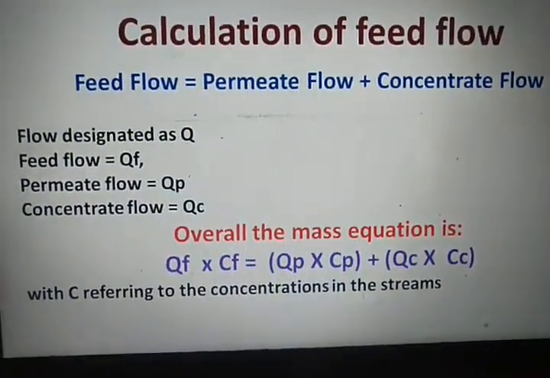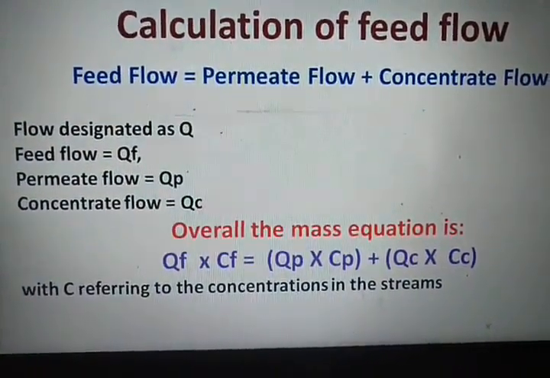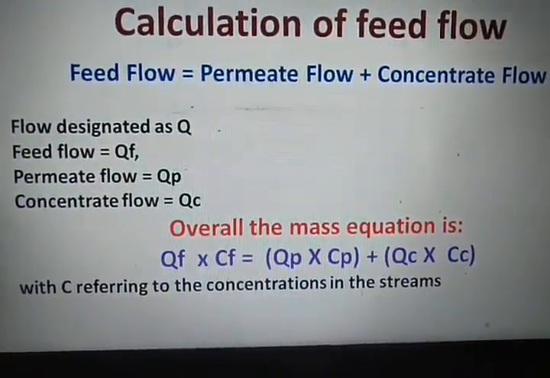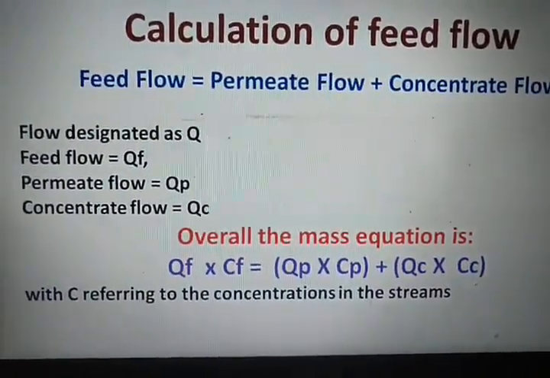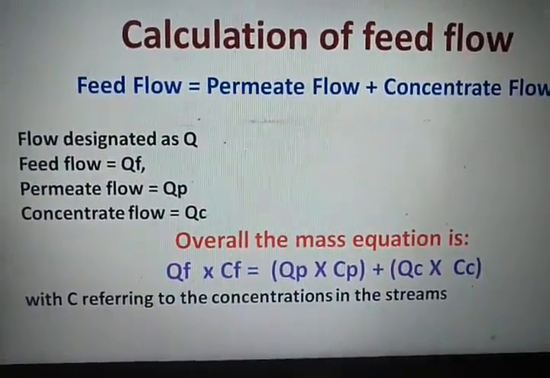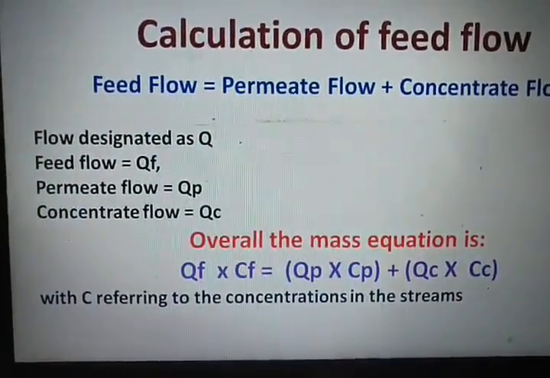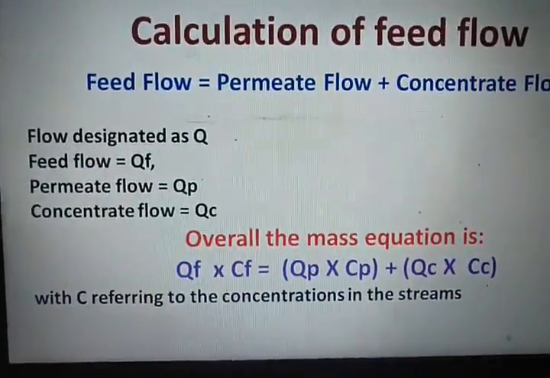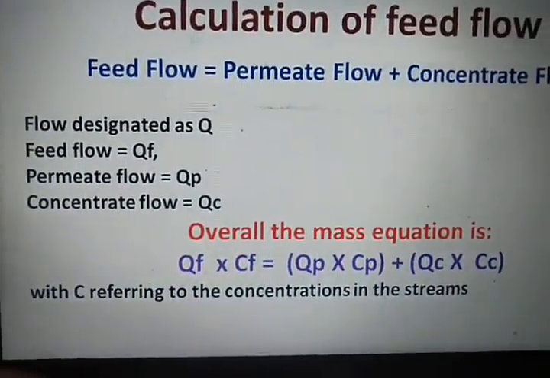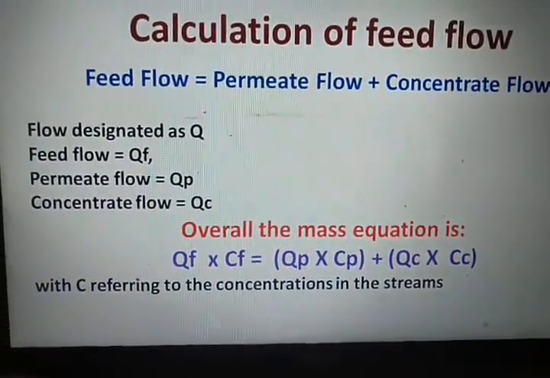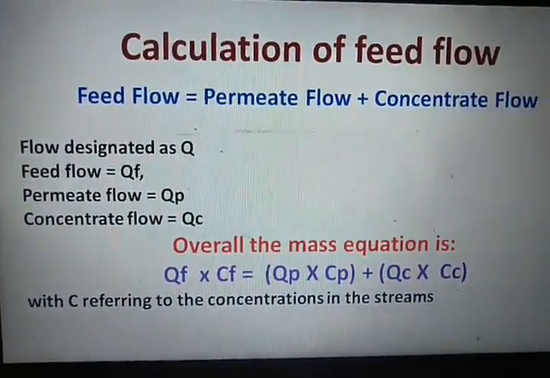The net mass balance is given by the equation QF times CF equals QP times CP plus QC times CC, where C refers to the concentration in the different streams, and Q is the flow: QF is the feed flow, QP is the permeate flow, and QC is the concentrate flow. This is the mass balance equation for flow through the membranes.